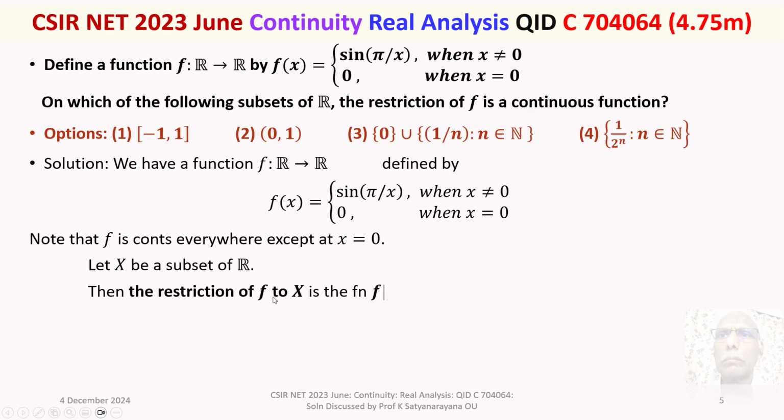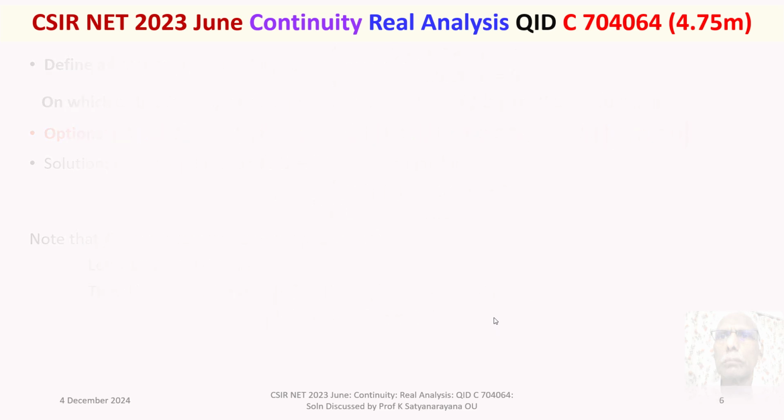The restriction of f to capital X is the function f restricted to X whose domain is capital X and codomain is R, defined by f restricted to capital X of x is equal to f of x for all x belongs to X. F restricted to X of x will be f of x, x belongs to capital X. Agreed. Let's now take up the options one after the other.